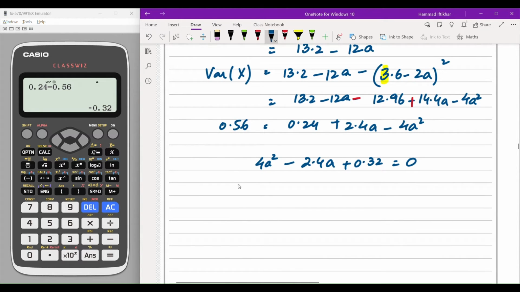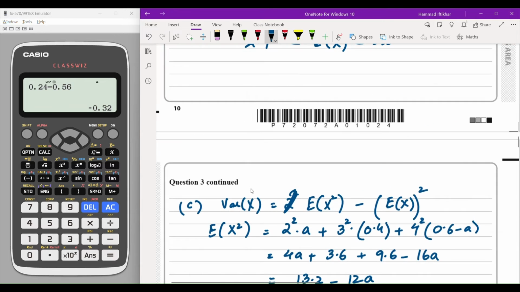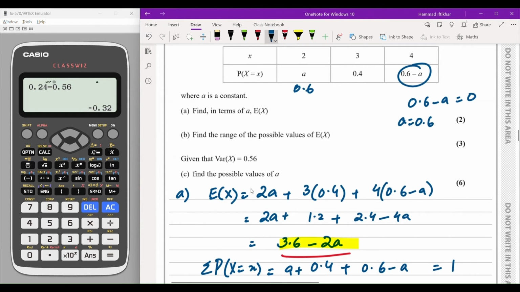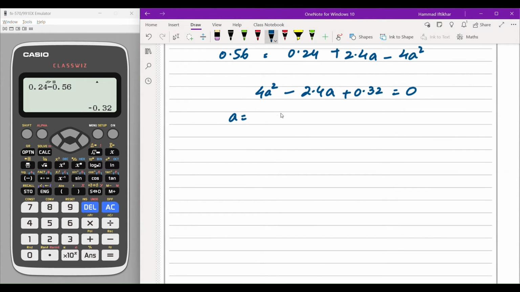Okay, now we just need to solve for a. Wait, do we need to solve for a? Find the possible values of a. Okay, a equals minus b, 2.4, plus minus the square root of b squared, 2.4 squared, minus 4ac, 4 times 4 times 0.32.